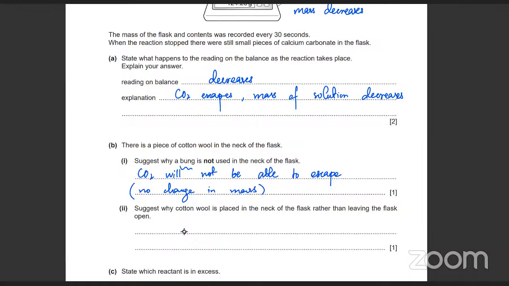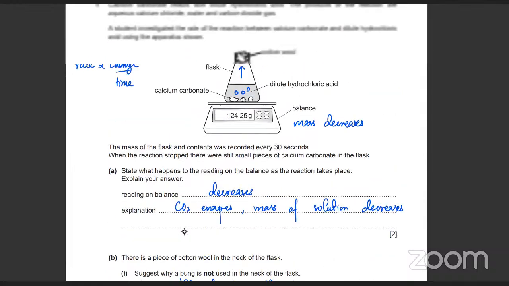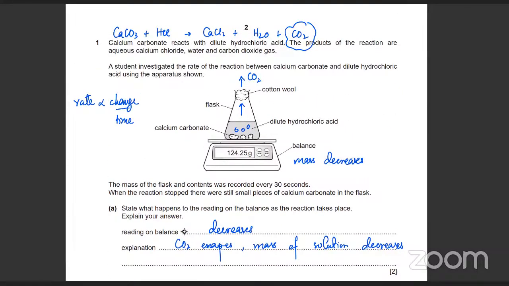Suggest why cotton wool is placed in the neck of the flask rather than leaving the flask open. Use some common sense. They could just keep it open, so why place wool over there? What's the purpose of the wool?